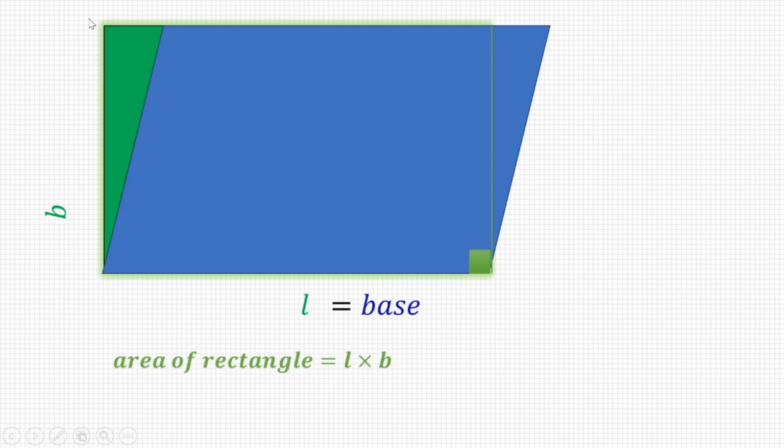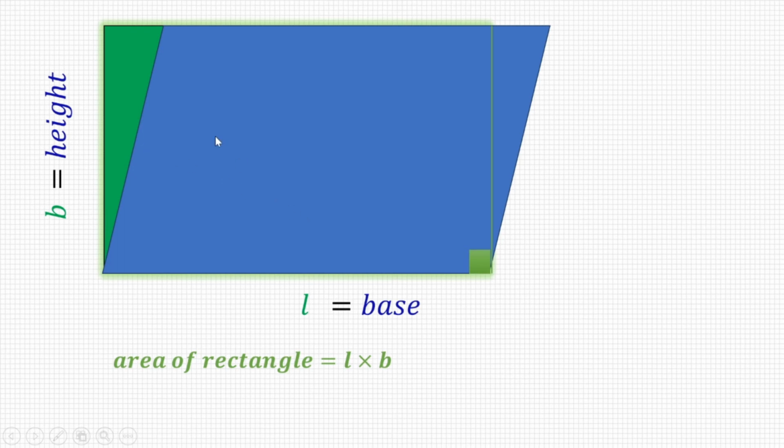And this breadth of this rectangle is actually the height of this parallelogram. See, from this base, this parallelogram is raised till this height. This can be called height. In fact, height will be the correct word because breadth can be seen like this one.